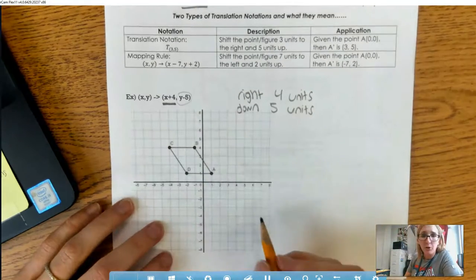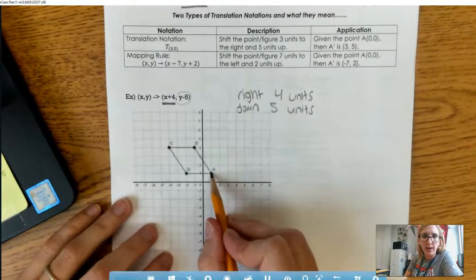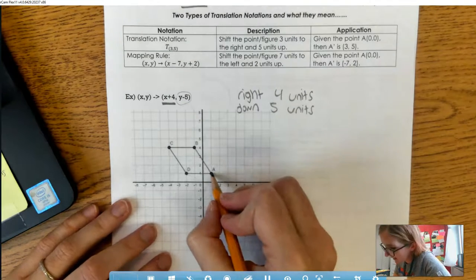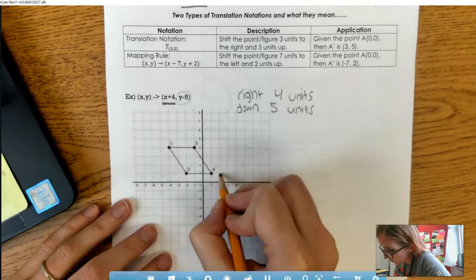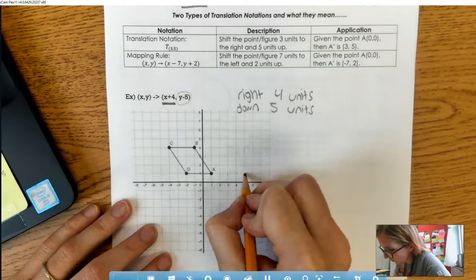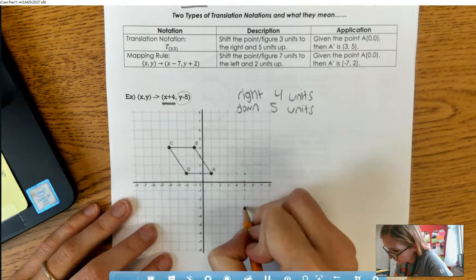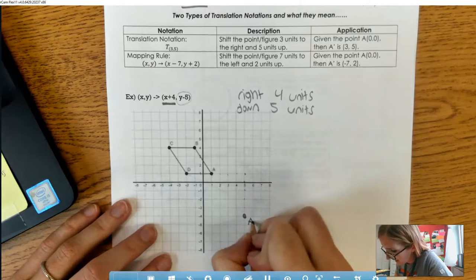All right, so when you have a graph like this, you can actually just go ahead and put your pencil on the point and move it. So if I'm taking all of these points right 4 units, 1, 2, 3, 4, and down 5, 1, 2, 3, 4, 5. This is A prime.